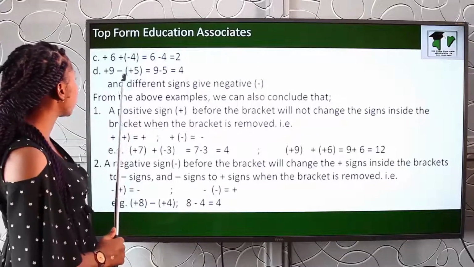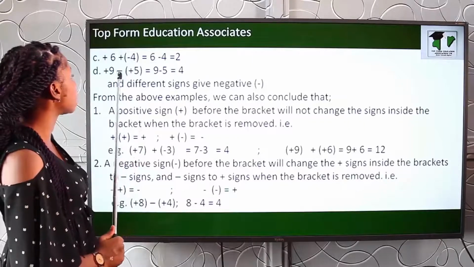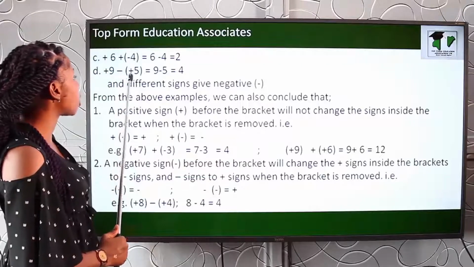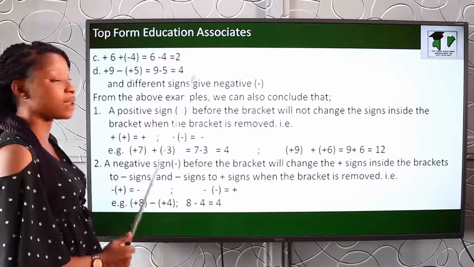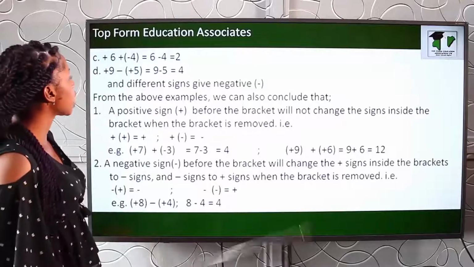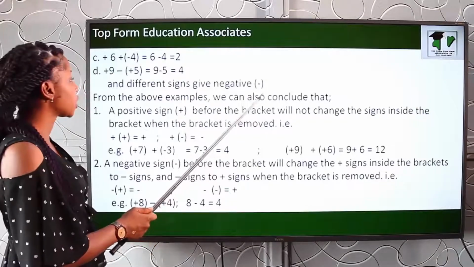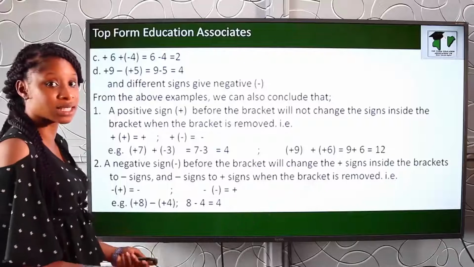We said different signs will give us minus. Let's look at it. You see, minus and plus here gives us minus. So 9 minus 5 is 4. Okay? Different signs give negative. Okay, when the signs are different, it gives us negative. We said that the same signs give positive.